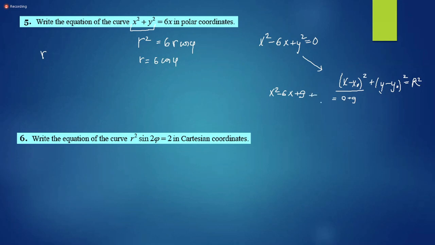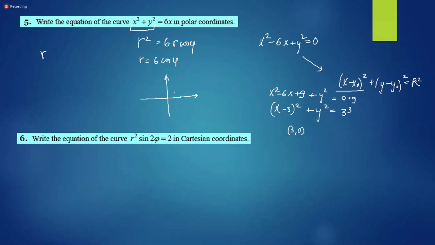And plus y squared. We can see this is x minus 3 squared plus y squared equals 9, that is 3 squared. In fact, we can even imagine this circle in the Cartesian system of coordinates. The center would be at 3, 0.